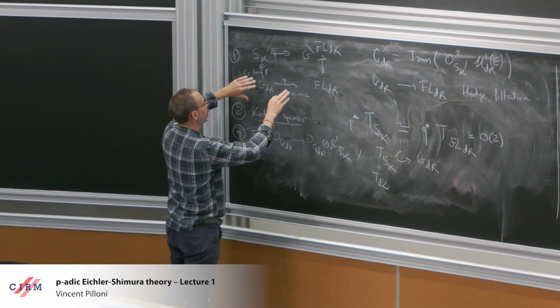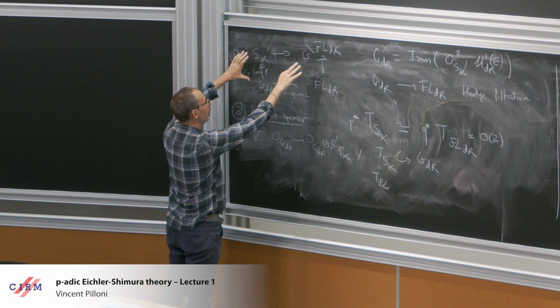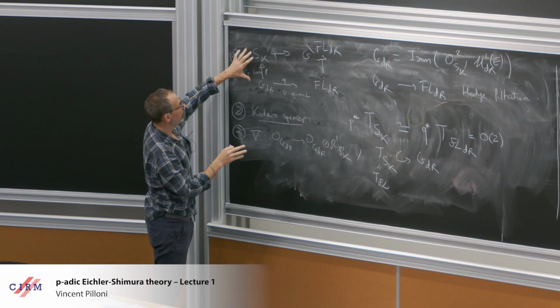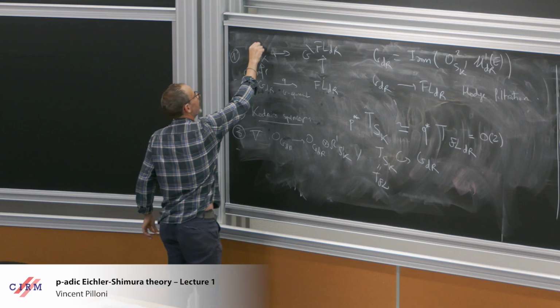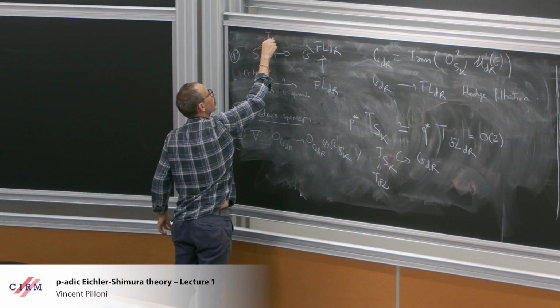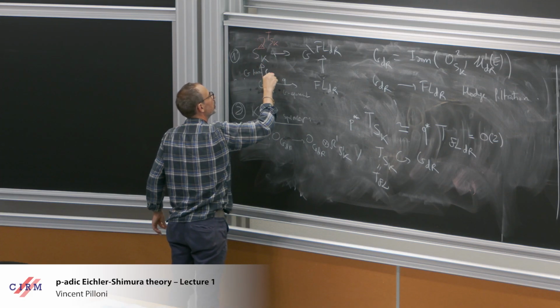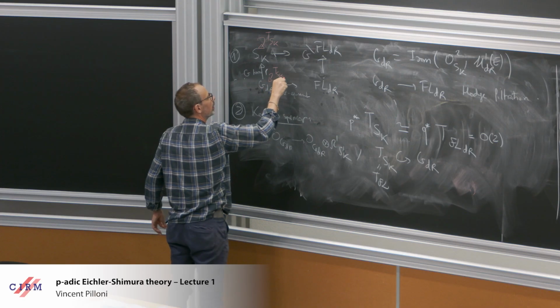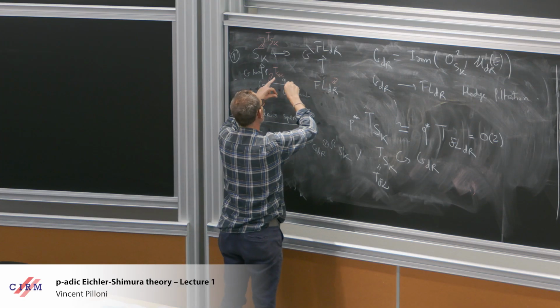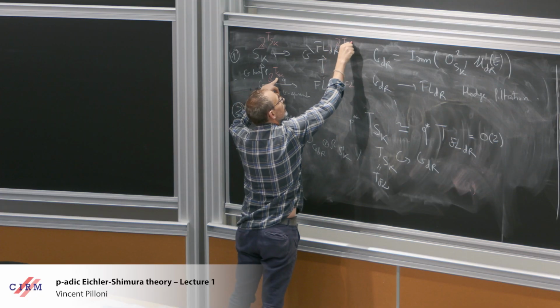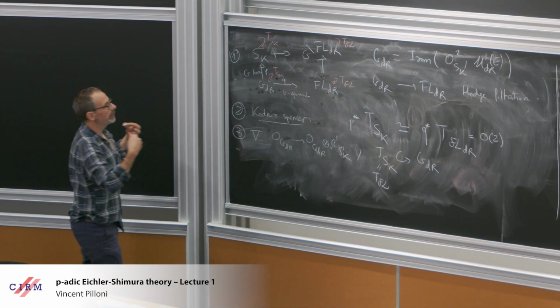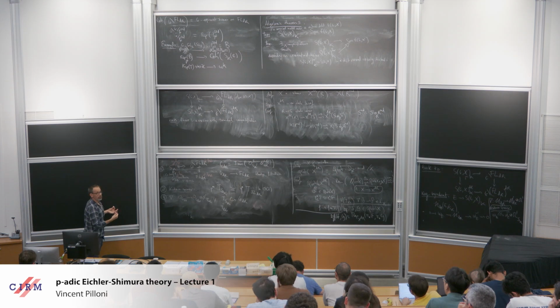I can take this diagram, and I've just explained that I have a compatible action of the tangent sheaf of the Shimura variety here and of the flag variety. And so I can mod out by this action to get the de Rham stacks.